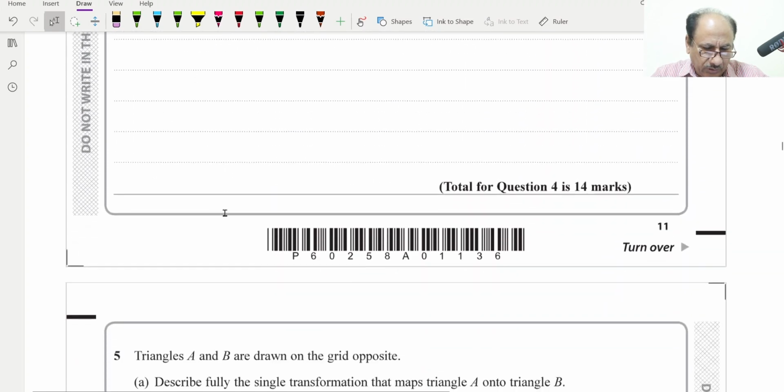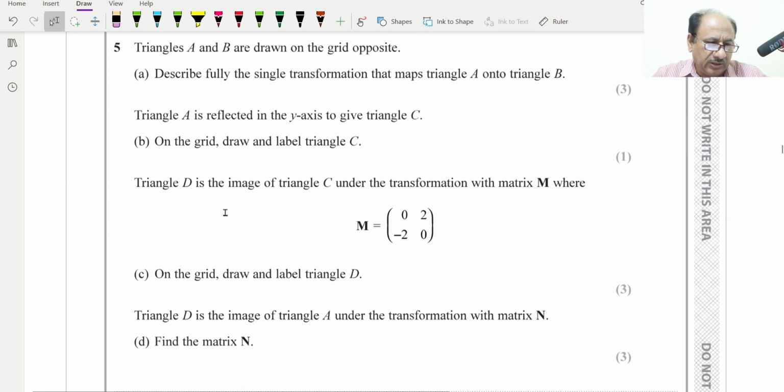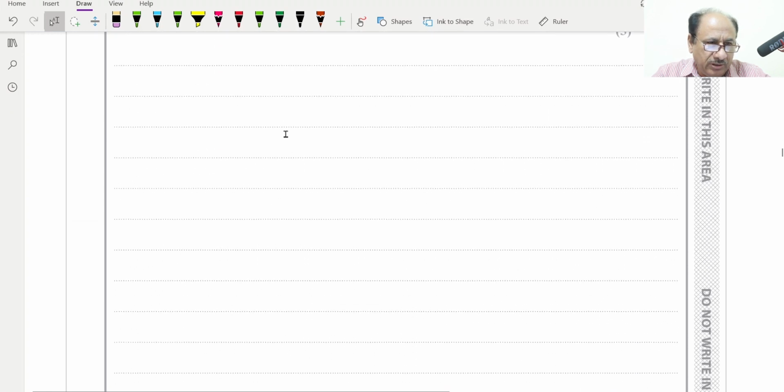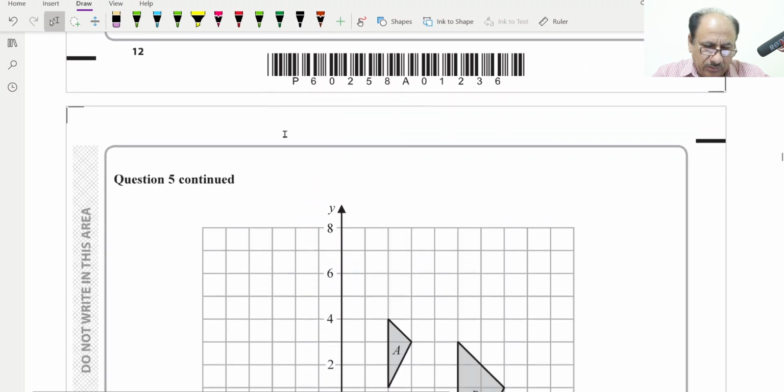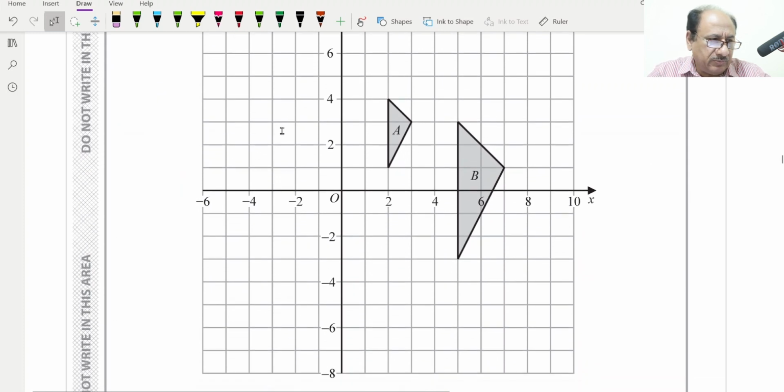Now we can move to question number 5, which is: triangles A, B, C are drawn on the grid opposite. Describe fully the single transformation that maps triangle A onto triangle B. So we will check the transformation from the next page, A onto B. We have to draw the lines.